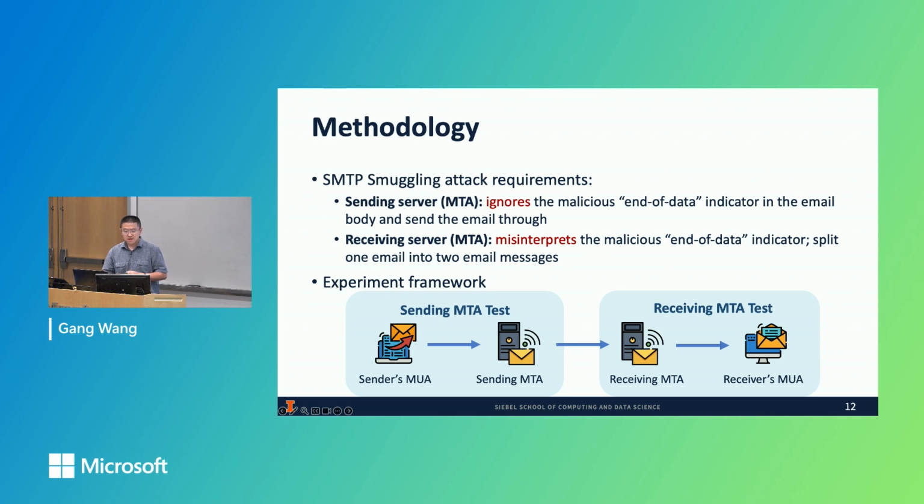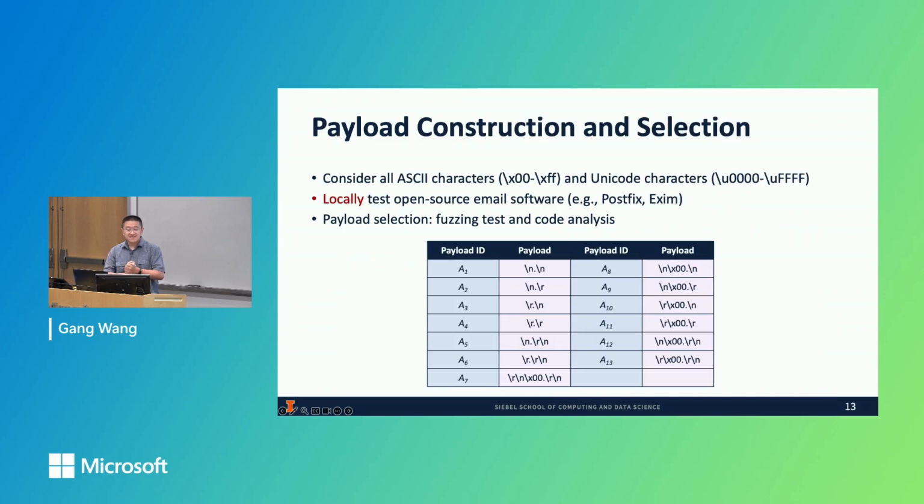So before we look at how we perform the testing, we also wanted to identify potentially misinterpretable indicators, the so-called attack payloads. Obviously, you don't want to do this against live services. So what we did is we set up a bunch of open source email software locally and did a fuzzing test, right?